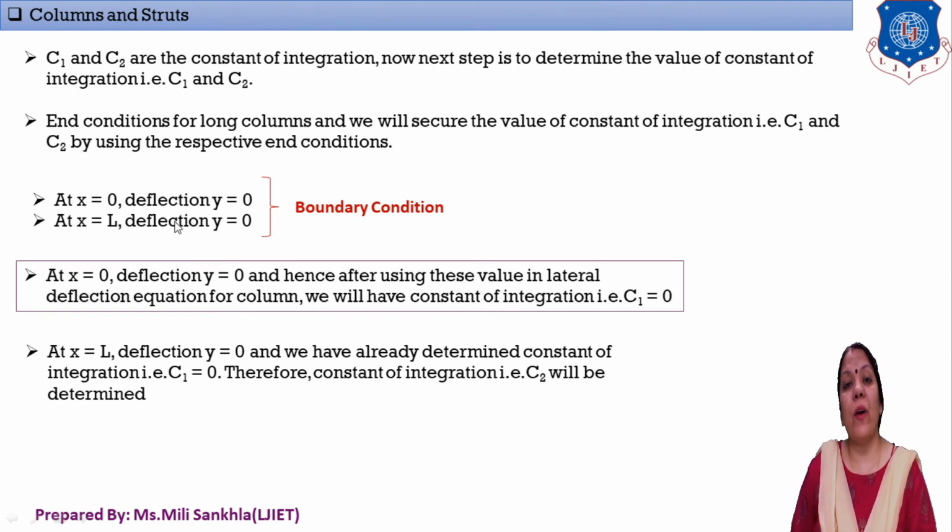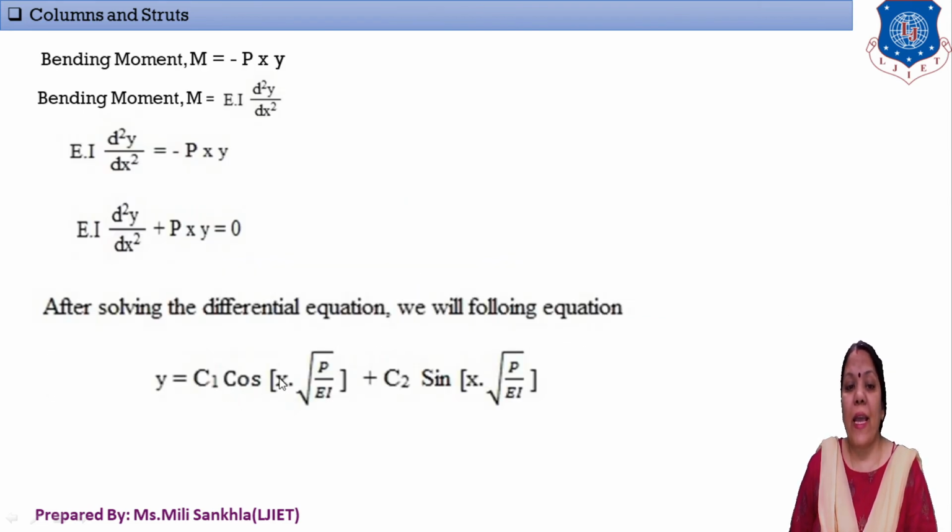Now we put this value in our first equation, the differential equation. Here x is equal to 0 and y is equal to 0. Now cos 0 is equal to 1, sin 0 is equal to 0, so ultimately our constant C1 is equal to 0. Okay, first constant we found.